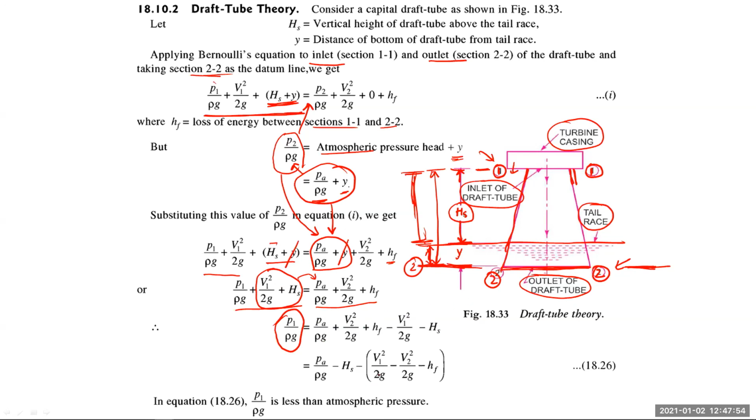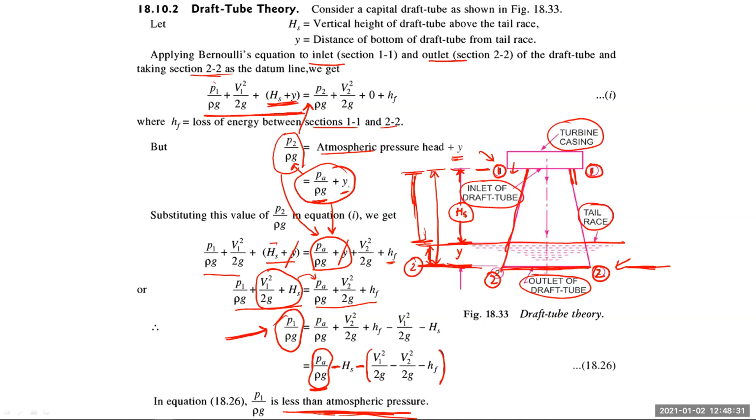If you rearrange it, it can be written as Pa upon rho g minus Hs minus this entire term. So you can see this is the atmospheric pressure head, and it is clear that P1 upon rho g is less than the atmospheric pressure. This is what I want to show you here.